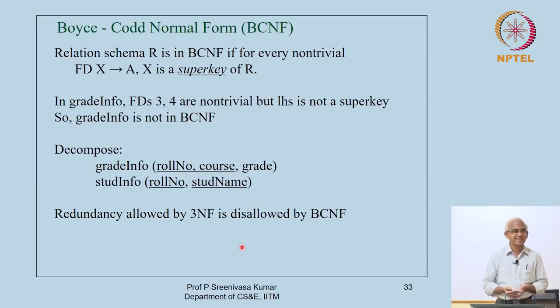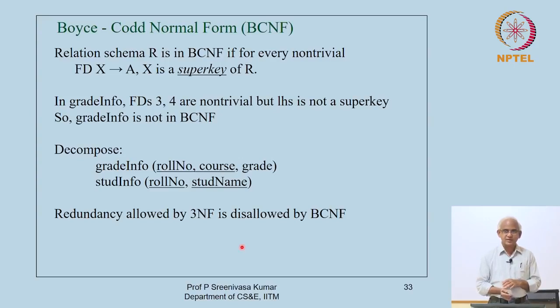This is the strictest normal form, you said, and we should look for it. Obviously second normal form is not good because it is allowing redundancy. Third normal form is also not good, it is allowing some more redundancy. Boyce-Codd normal form is not allowing any redundancy, so it is good, so we should have that, right.